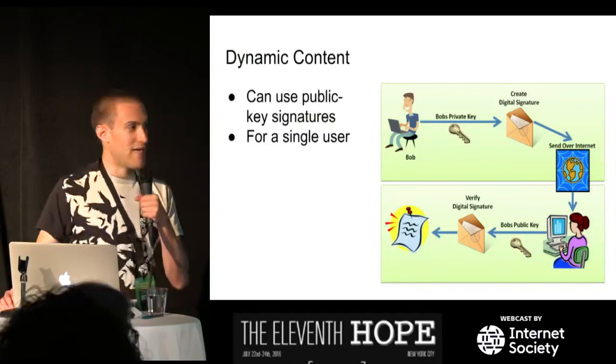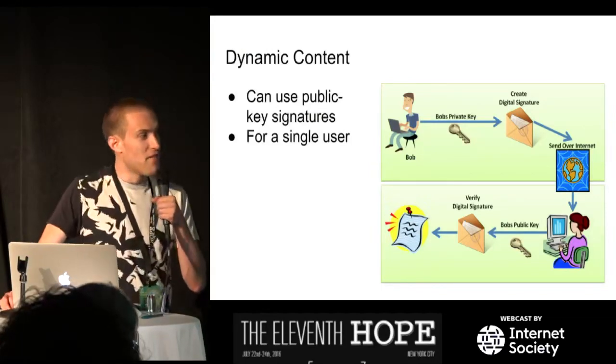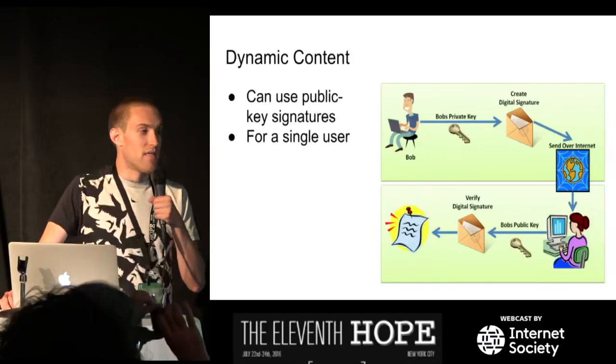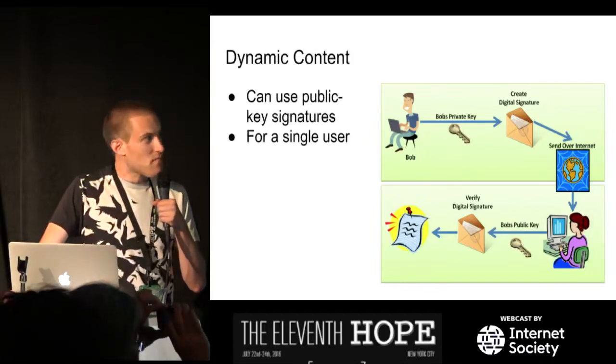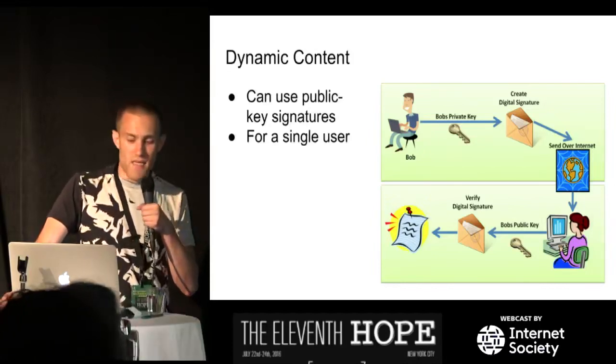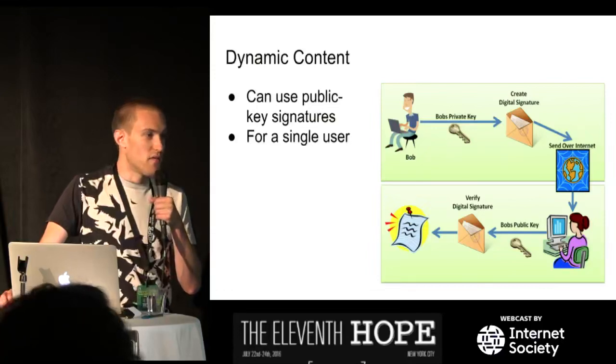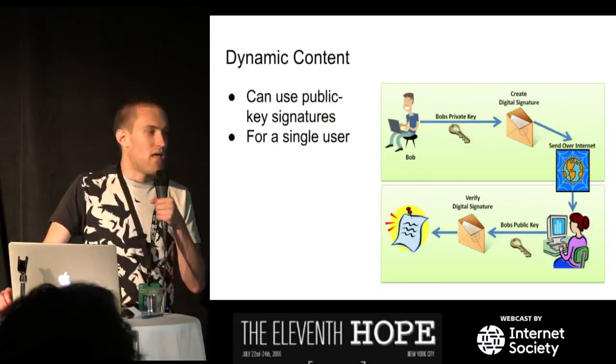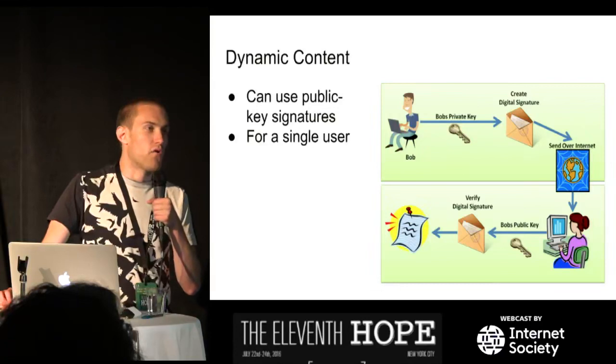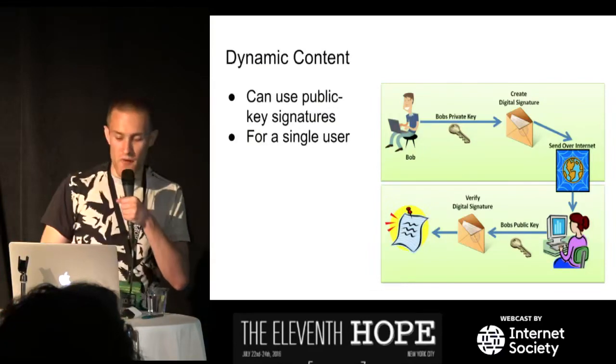And anybody who has the public key can verify that what he signed was authentic. And this typically is used by only a single user. It doesn't scale up to groups of arbitrary size very well.